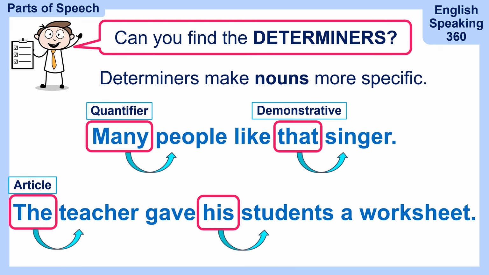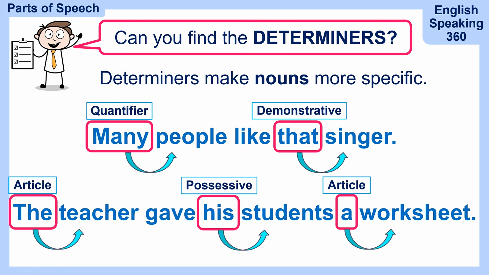It makes the noun students more specific, and that is a possessive. The teacher's students. His students. And finally, we have one more. "A" makes worksheet more specific. It's an article. A worksheet means a worksheet out of the many worksheets that the teacher has in his binder.